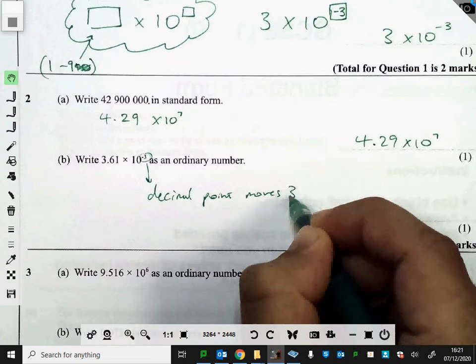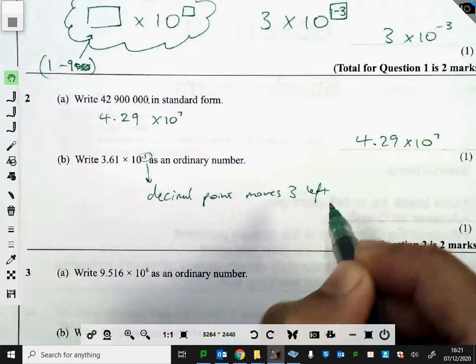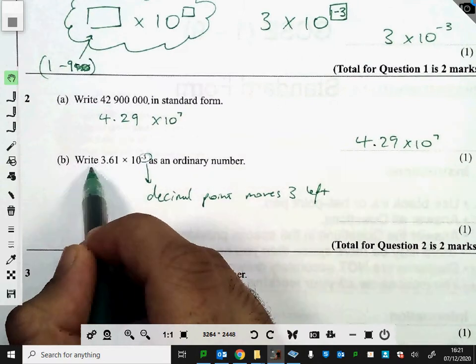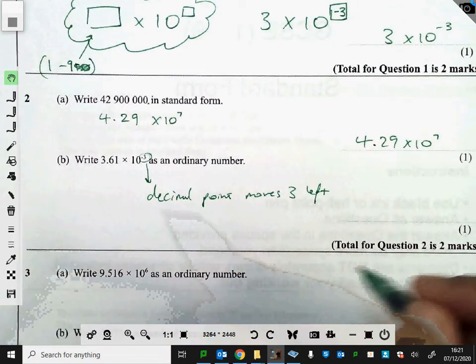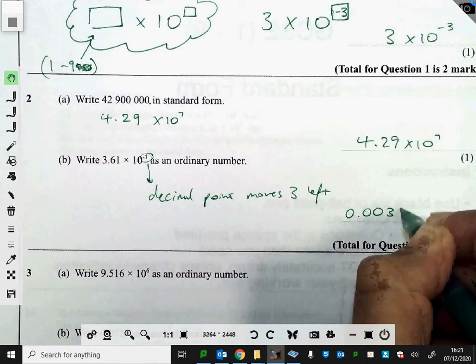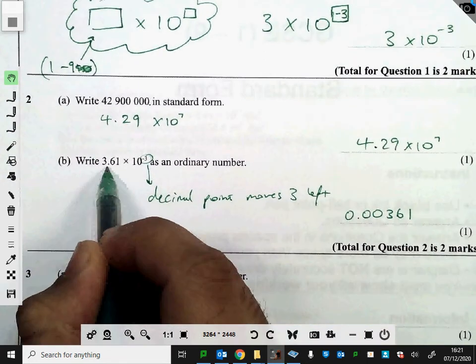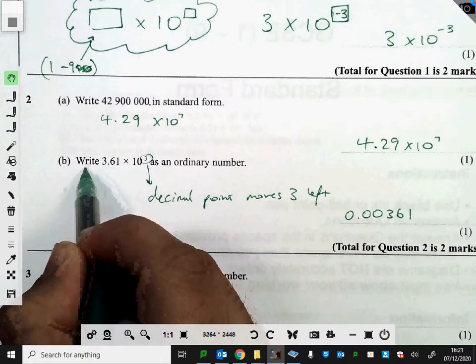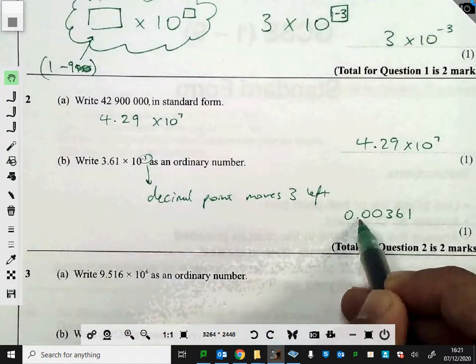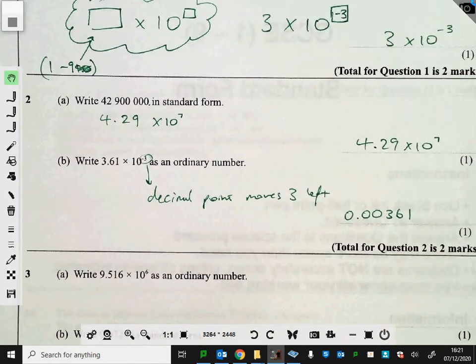So 3 left. In other words, my number gets 10 times smaller, 100 times smaller, 1,000 times smaller. So this becomes 0.00361. Okay? So I've moved it 1, 2, 3 places to the left. Here's what I mean. 1, 2, 3 places to the left. And there's my answer.